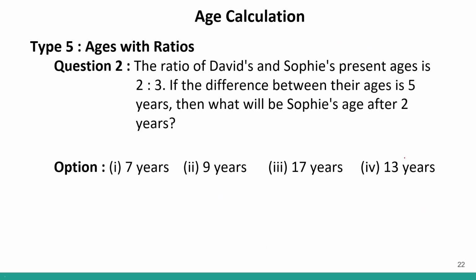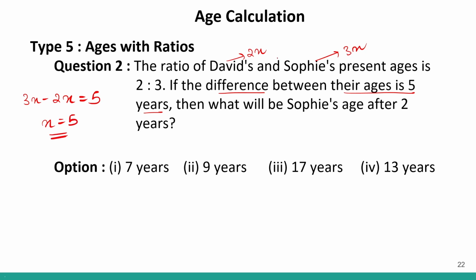Okay. Question number 2. The ratio of David's and Sophie's present age is 2:3. So let's say David's present age is 2x, Sophie's present age will be 3x. Okay. The difference between their ages is 5 years. So 3x minus 2x equals 5 years. That means x's value is 5.